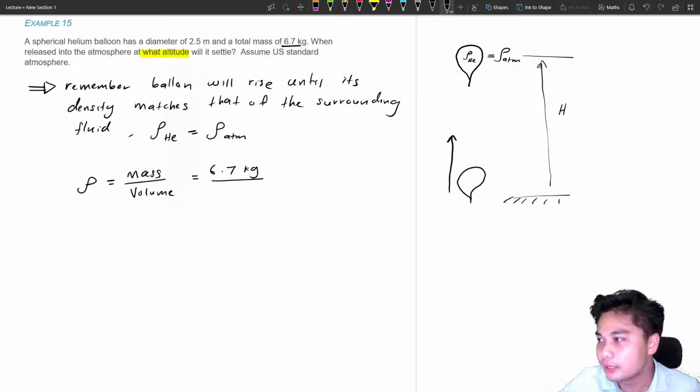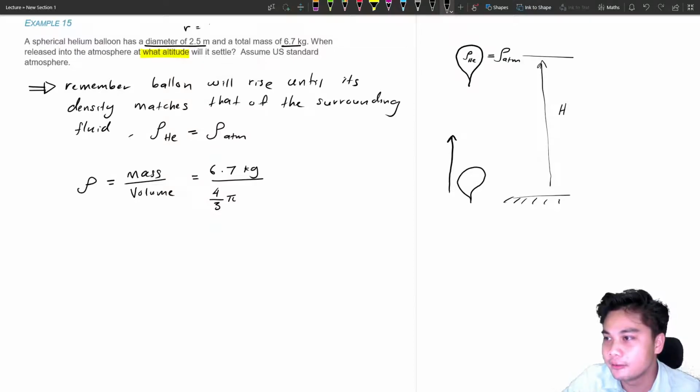How do we get the volume of the sphere here? For a sphere, we use the formula 4 over 3 pi r cubed. What is the radius? The radius is the diameter divided by 2, so you need to multiply 2.5 divided by 2, in meter cubic.